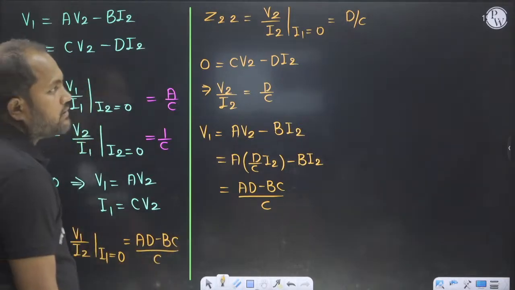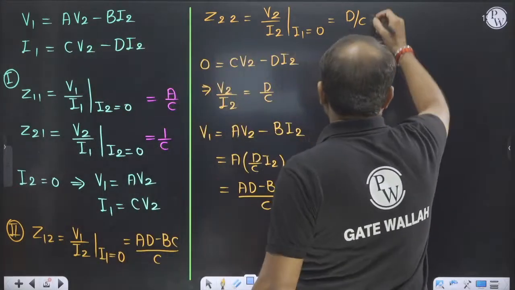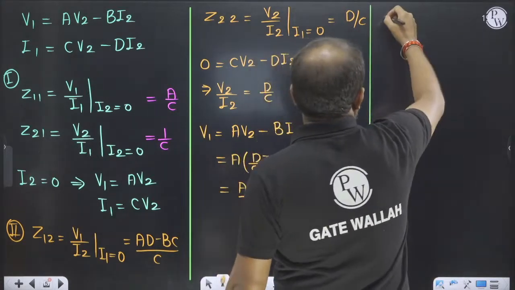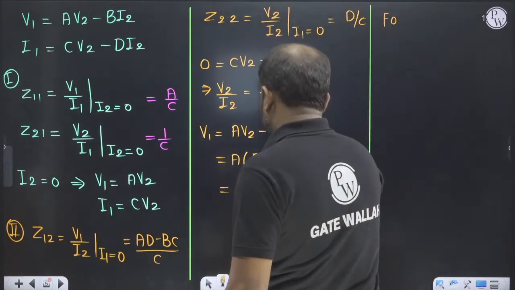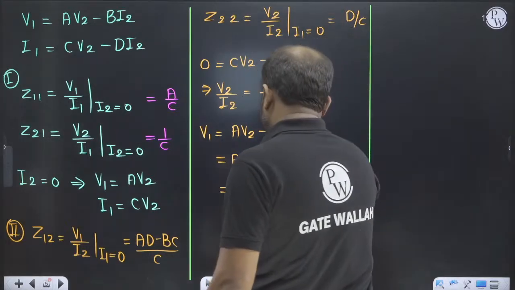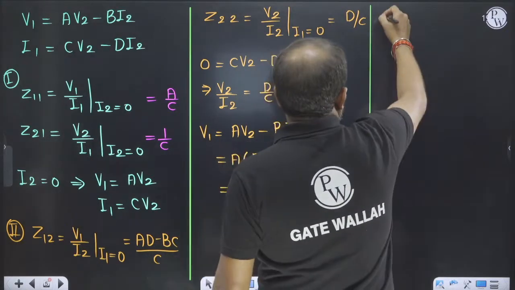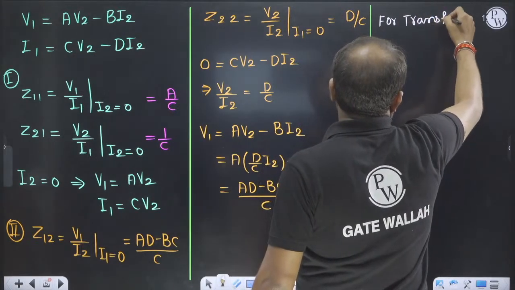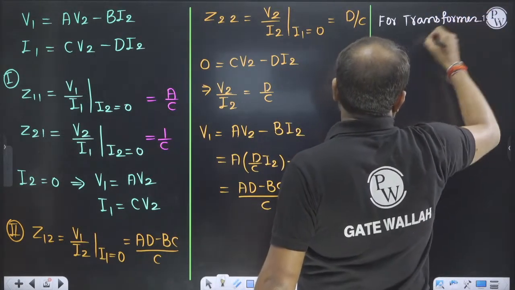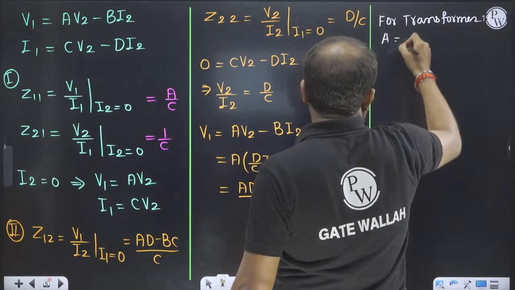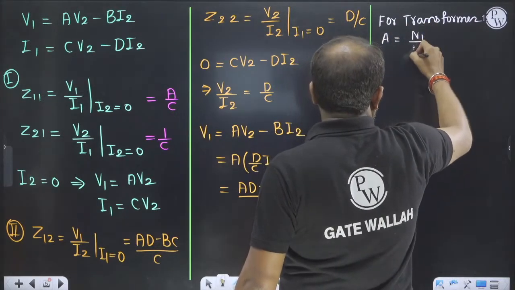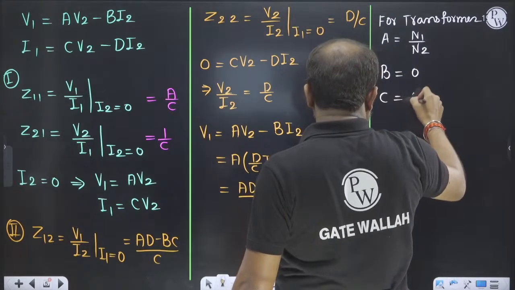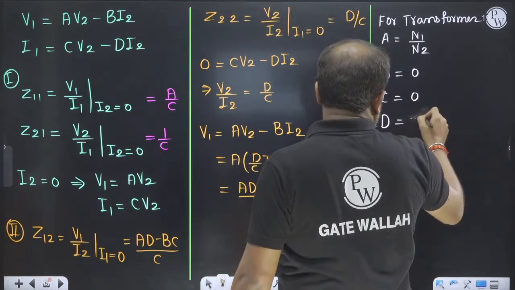Then for a transformer, you can check the ABCD parameters here: A is equal to N1 by N2, B is equal to 0, C is equal to 0, and D is equal to minus N2 by N1.